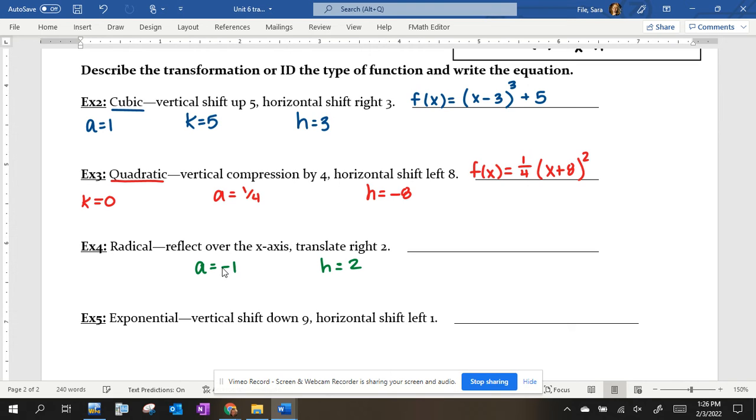Now there's no stretch, so it must be just a negative 1. And no vertical shift, so k is 0 again. So I'm going to have a negative. This is a radical function, so the square root function of x minus h, so x minus 2.